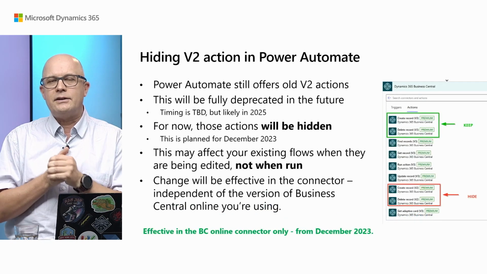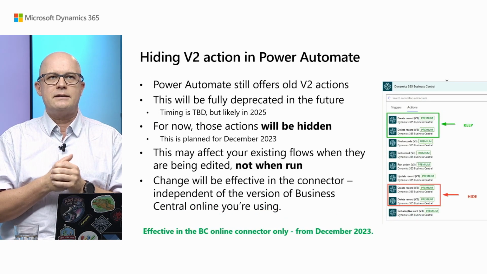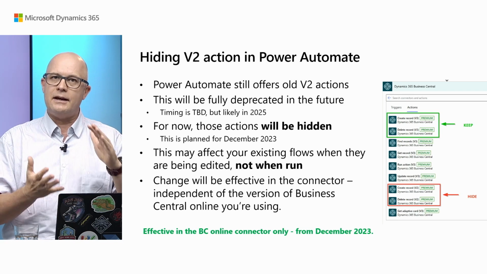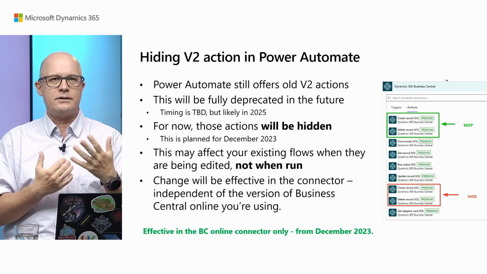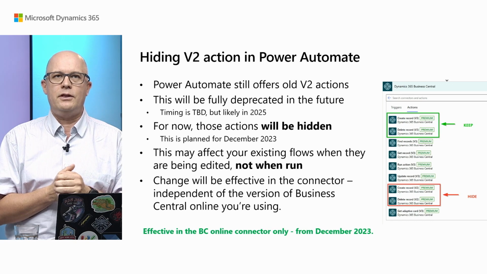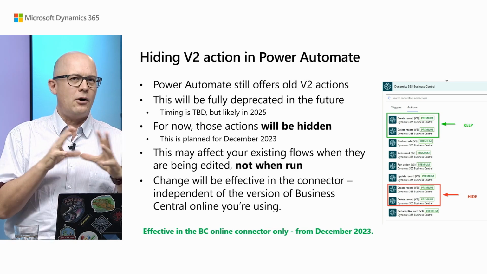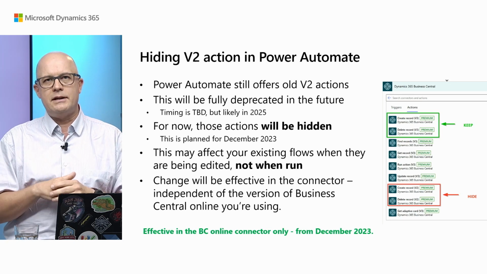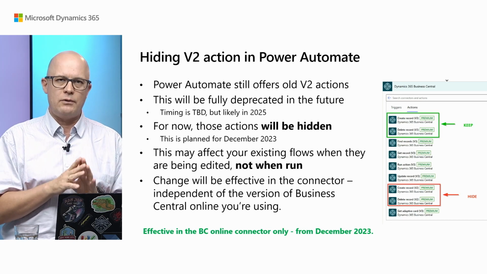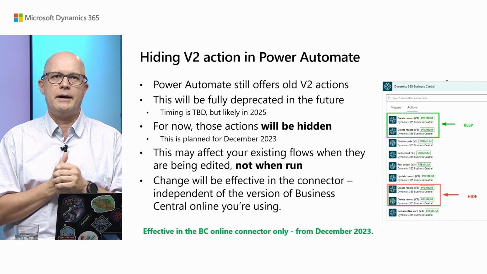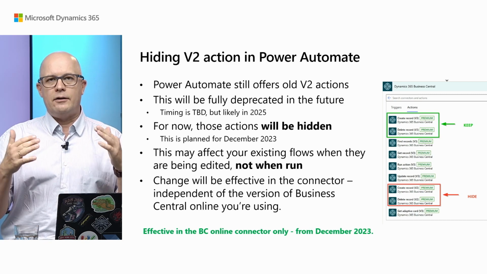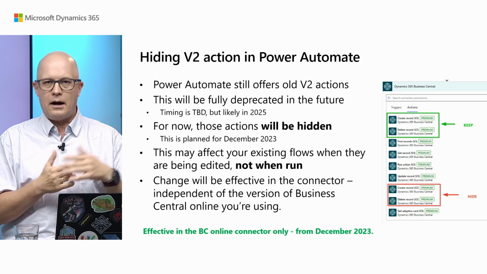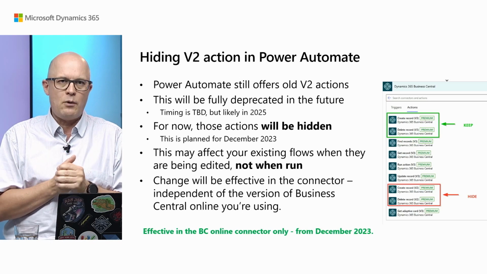The other thing that we would like to mention is V2 actions. You have seen in our connector that there are the current actions called V3, and then, of course, some old actions designated V2. From December this year, all of those V2 actions will be hidden, and you won't be able to see them again. But the flows that are running in production will continue to work.